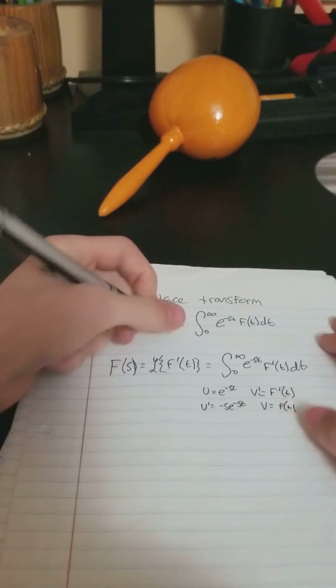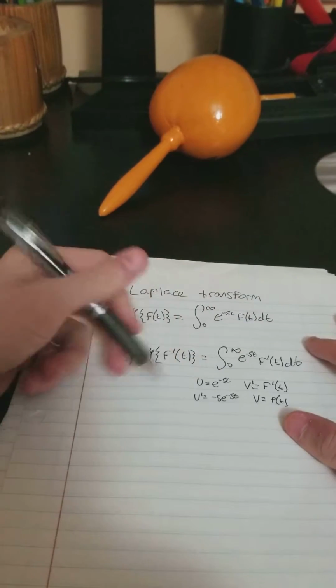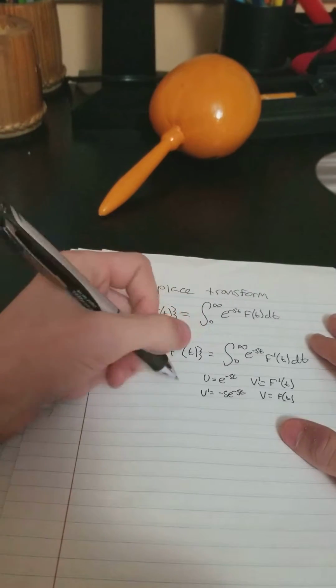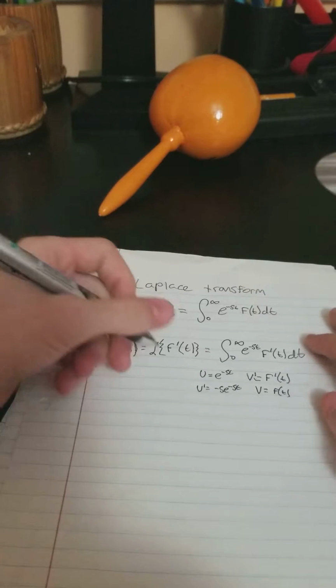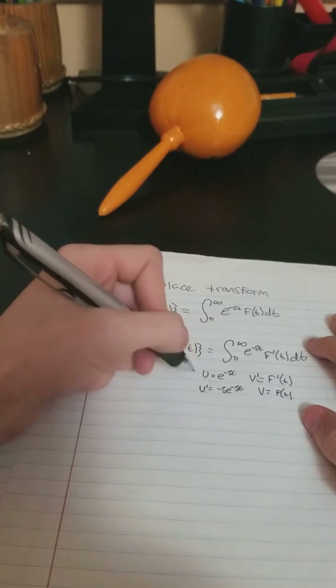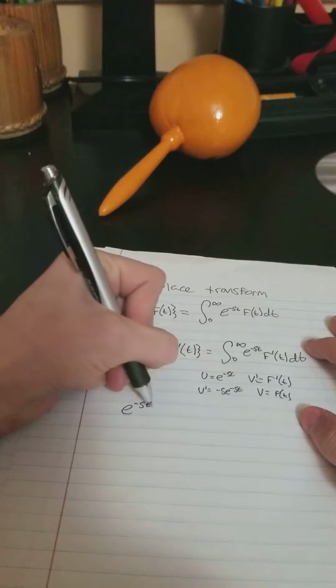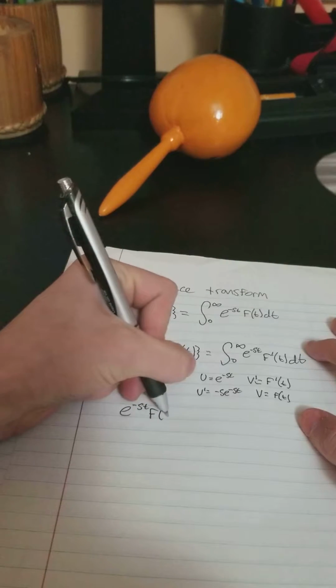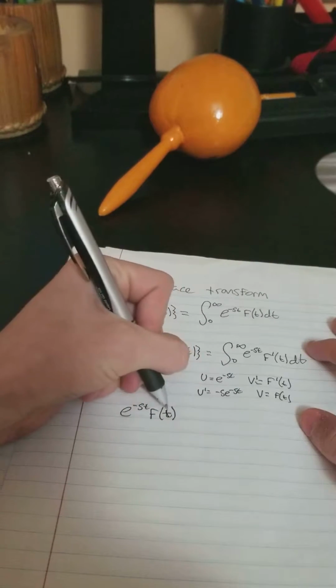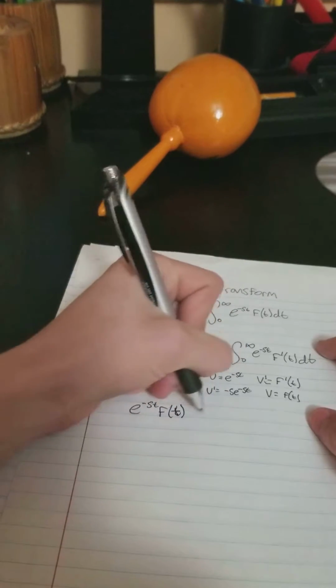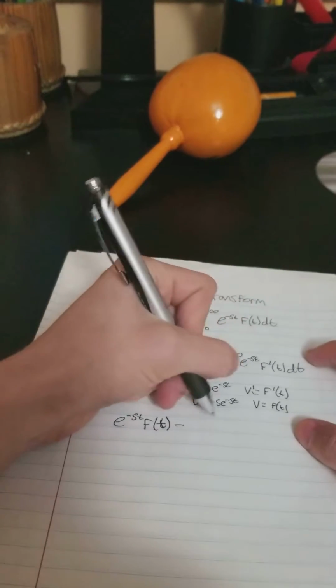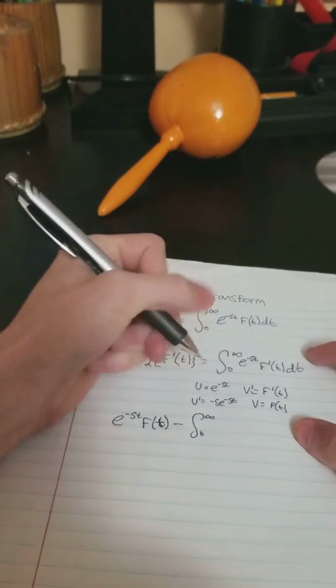Now if we rewrite this with the uv prime formula, we get u times v, which would be e to the negative st times f of t, minus the integral from 0 to infinity.